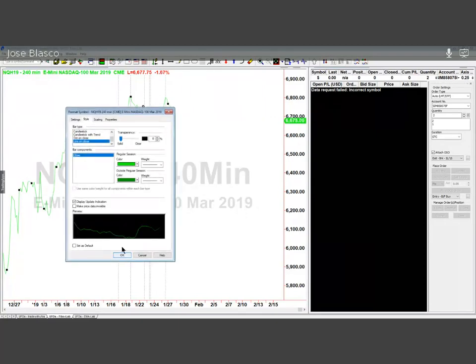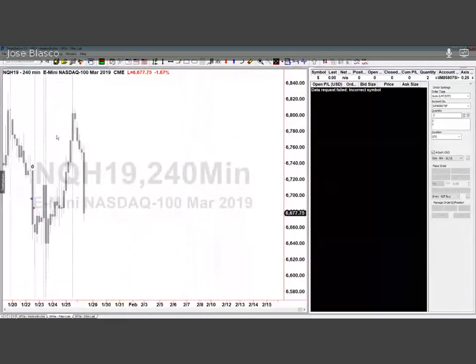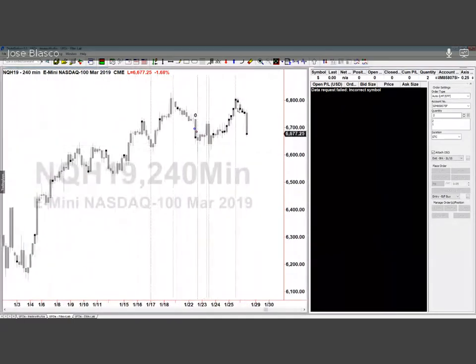Of course, those highs and lows really are set by the wicks, and we don't see the wicks in the line chart. So this one is fine, it's pointing at the high. This one is fine, it's pointing at the low. This one is fine, pointing at the high, low. That one I need to move one candle to the left, that's the high, and that one I need to move one candle to the right, that's the low.